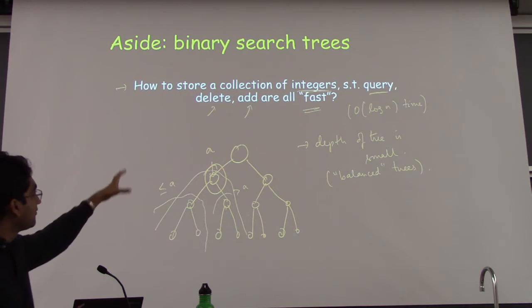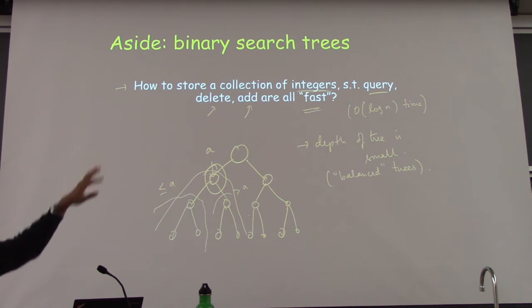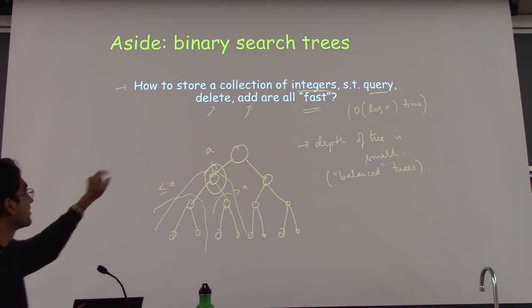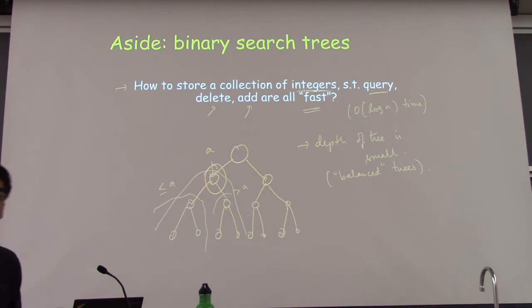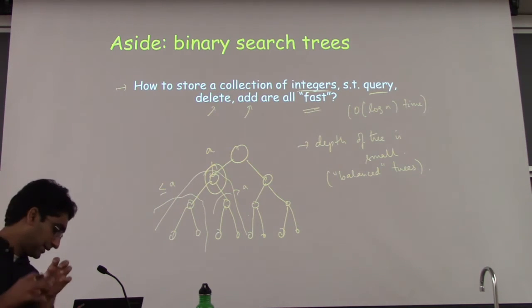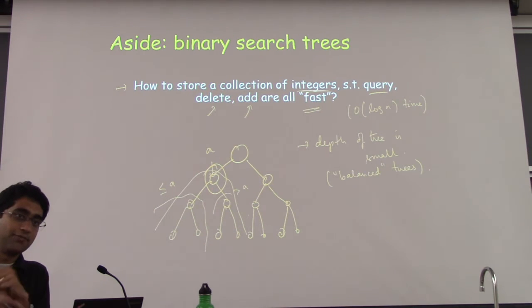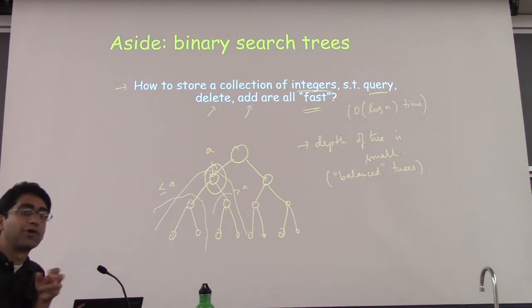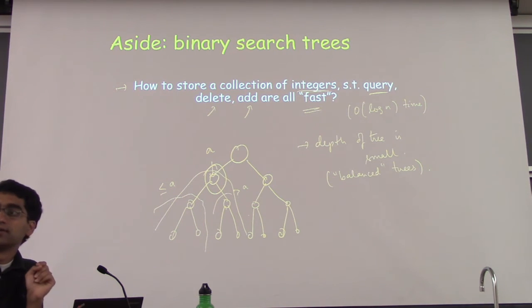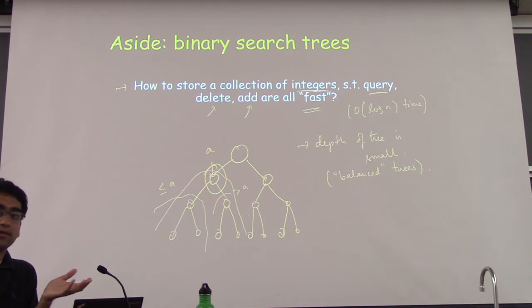And once you have all your data stored with this property and in the form of a tree, then you can easily see that doing all those operations is relatively quick, fast. And it turns out that there are nice ways of maintaining the balance, of maintaining always a depth of roughly O(log n). So this is a data structure that all of you should know, and if you haven't seen it, you should go read up about it.